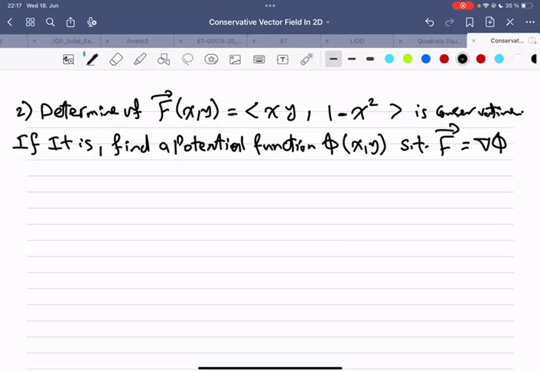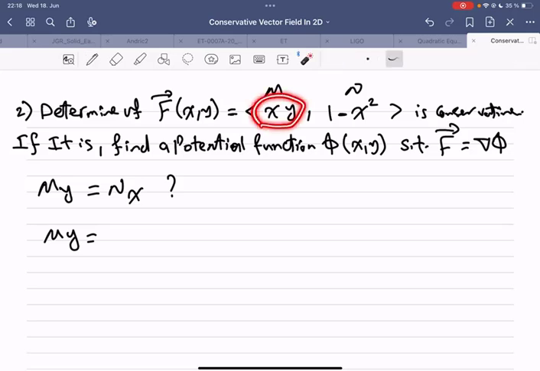Another example, this M and this N. We'll check if M y equals N x. M y, we will differentiate this according to y, so it will be x, and N x, we will differentiate this according to x, so it will be negative 2x.